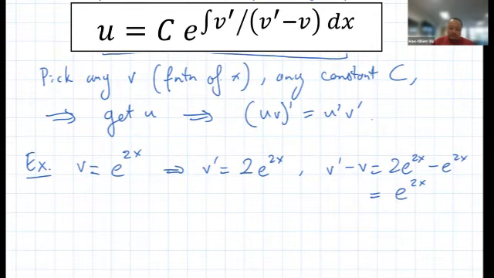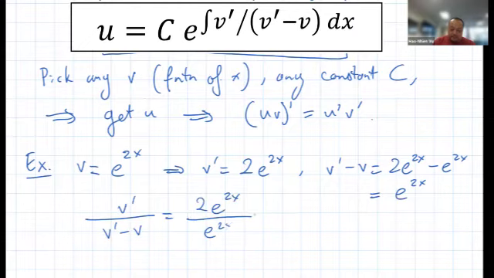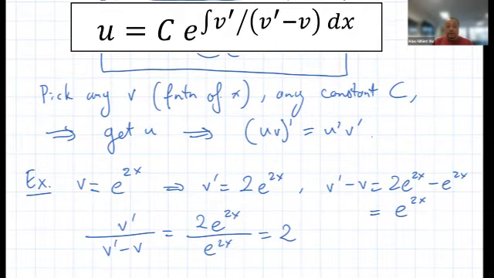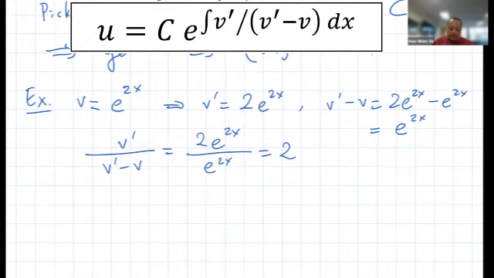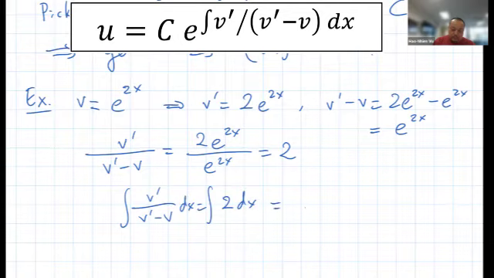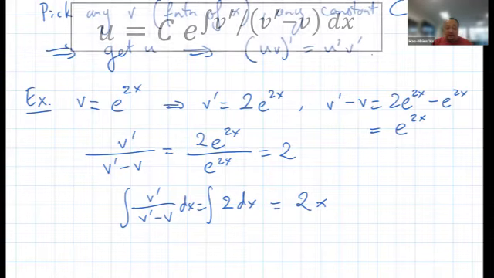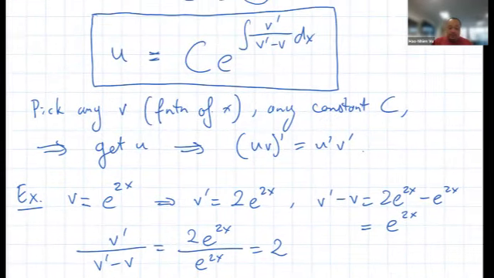V prime over v prime minus v is just 2. So the integral is just the integral of 2 dx, which is equal to 2x. We could do a plus c, but it's not necessary because it would just be subsumed by that c in front.